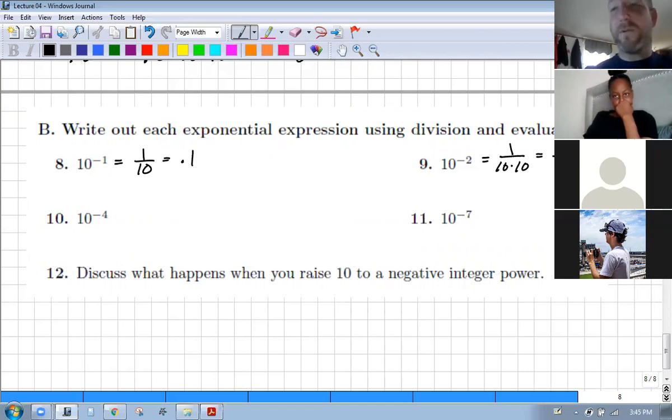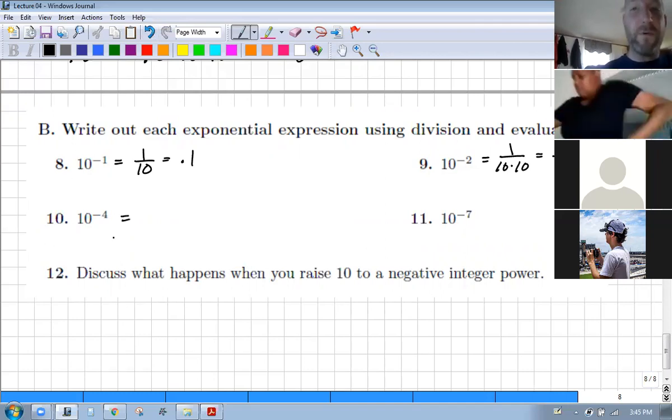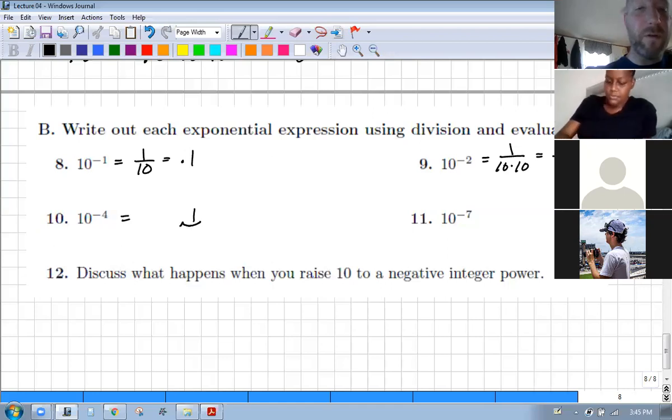So notice we started with the 1 and we moved the decimal to the left 2 times. So 10 to the negative 4, we're taking 1 here because this is really 1 times 10 to the negative 4. So we start off with the 1. We're moving the decimal to the left 4 times: 1, 2, 3, 4. So notice there's 3 zeros there.